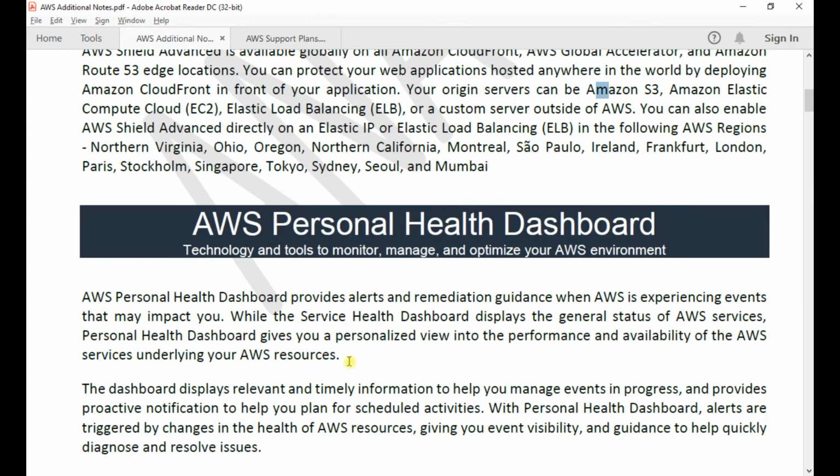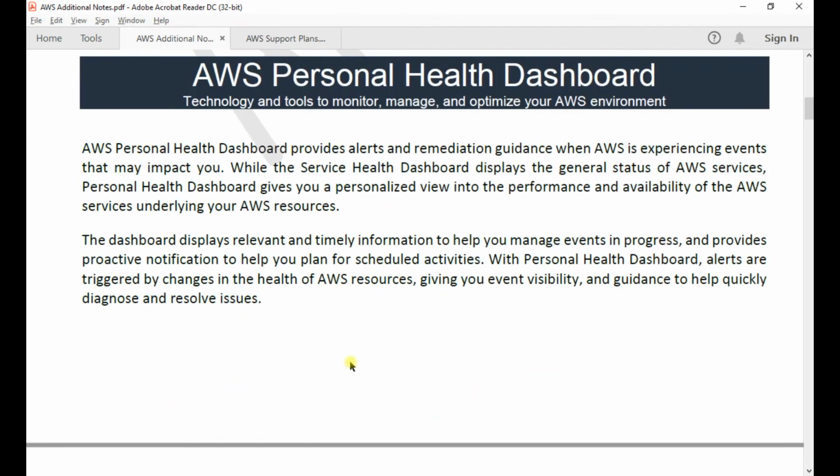Okay. So now the next important service which I wanted to mention is Personal Health Dashboard. Please remember, this is again an important security service. What it does: like we have a personal doctor who always tracks each and everything, saying you should eat this, you should do that, you should take precaution like this.